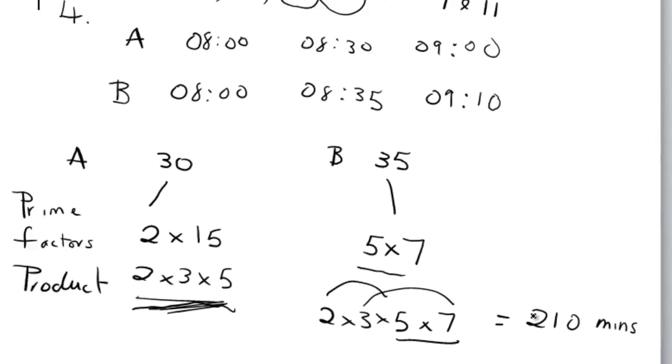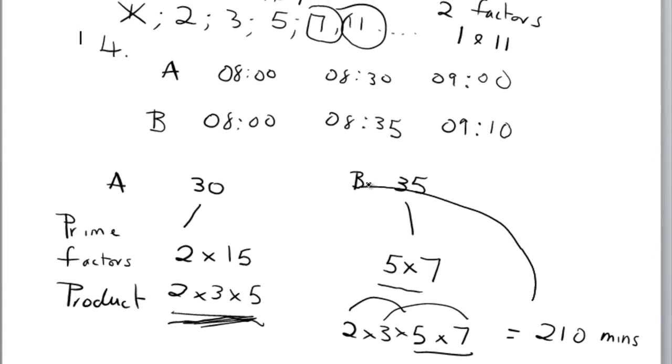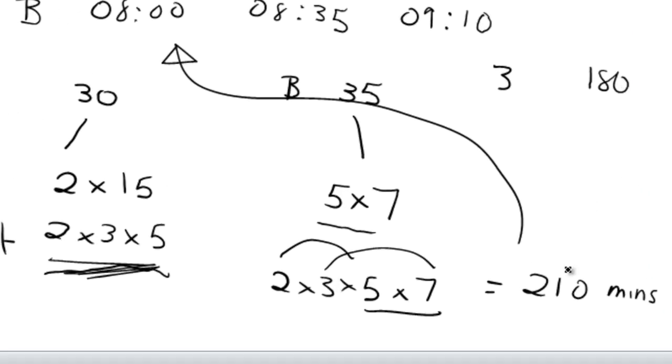So we want 210 minutes after 8 o'clock. So we've got to think of 60s now, because 60 minutes is an hour. So 3 hours will be 180 minutes. Then I've got another 30 minutes. Okay, so it's 3.5 hours.